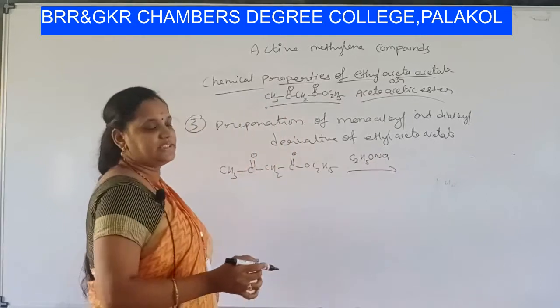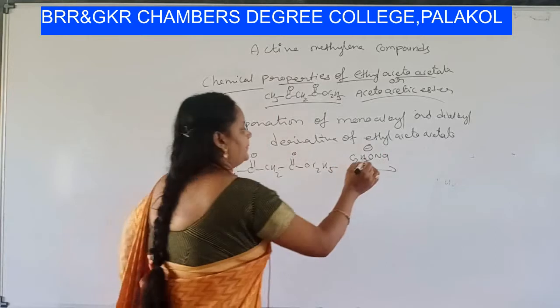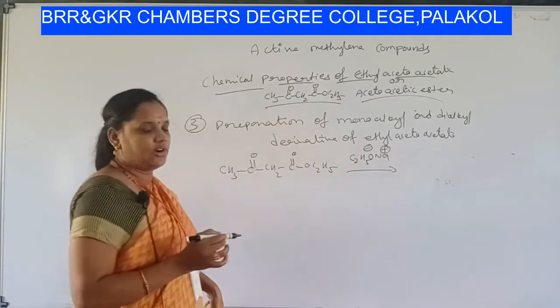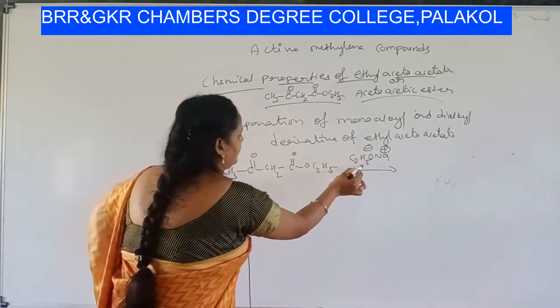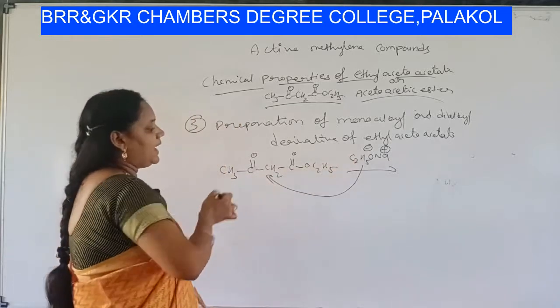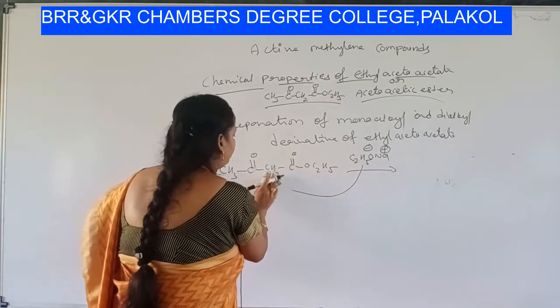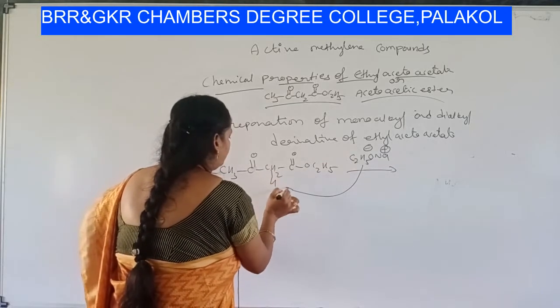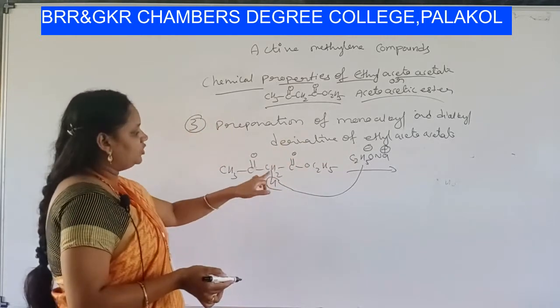C2H5ONa. What happens here is C2H5O minus ethoxide ion is formed and Na plus is formed. And this ethoxide ion takes up hydrogen from the active methylene group.